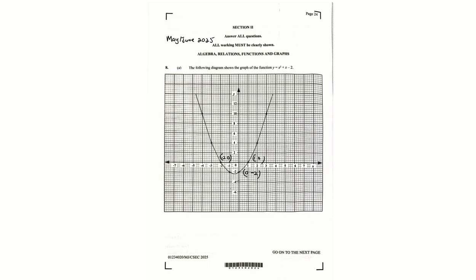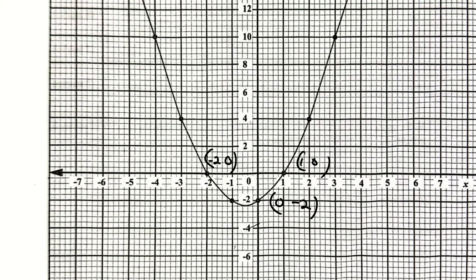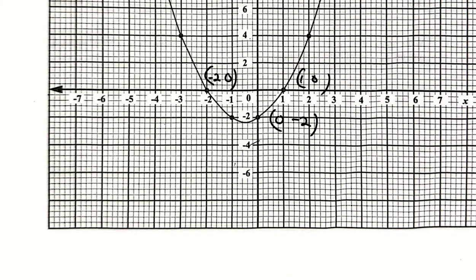If you look at the graph, from 0 to 2 is 5 little spaces, so one space is 2 over 5.